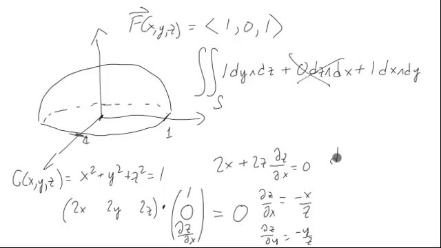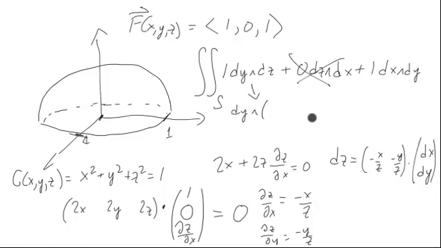So if we're computing dz as the rise of the z function, we take the derivative of z, which is, well, here's the partials right here. Then we put in the run, which is dx dy, and just take a dot product. So we see exactly what dz is, and we can write this out right here. This is dy wedge with negative x over z dx minus y over z dy.